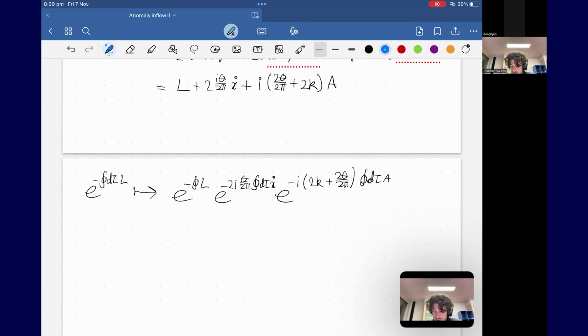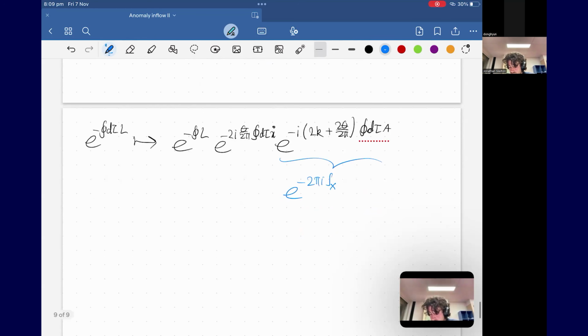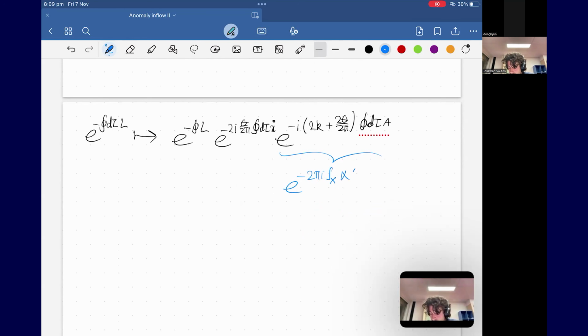Okay, so this is then going to be our anomaly term, if you remember before, which was minus 2 pi i integral x, which is what we have, alpha lambda a. Here the lambda is associated with the C transformation, the conjugation transformation.